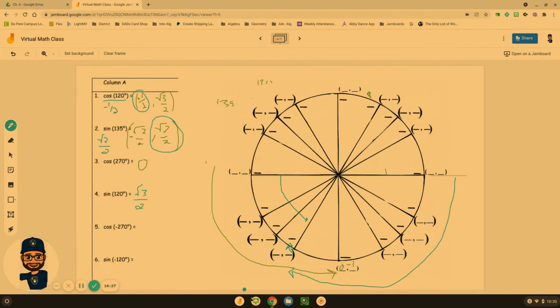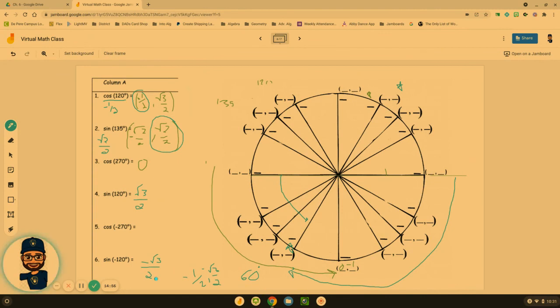I need to go 60 more. So this is related to our 60 degree one. It's related to this one up here. 1/2 comma square root 3 over 2. But because we're in this third quadrant, both of them are negative. And then which one relates to the sine? The second one, the negative square root 3 over 2.